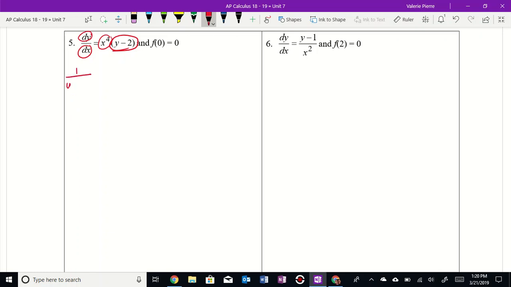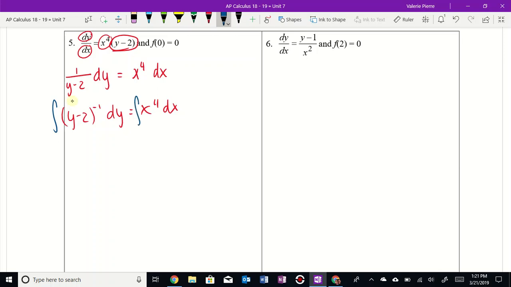So we have 1 over y minus 2 dy is equal to x to the 4th dx. We can rewrite this as y minus 2 to the negative 1 dy is equal to x to the 4th dx.